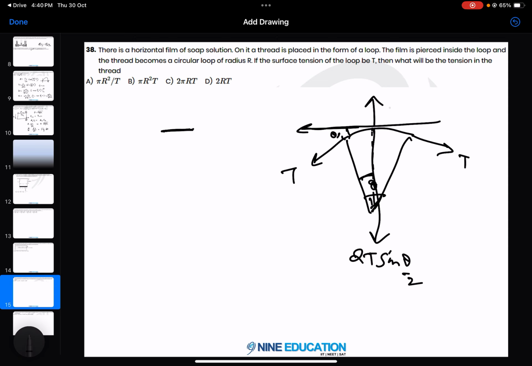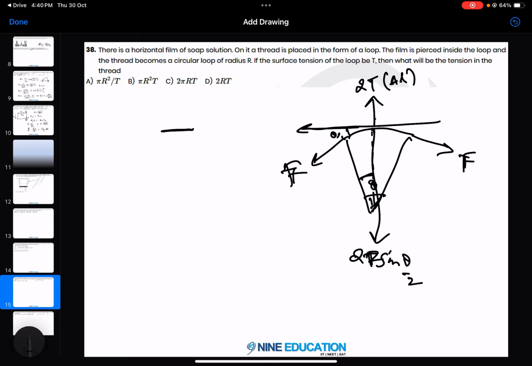And since two layers are there, the force on this is, let's say surface tension is T, and tension is F. So force will be given by 2 times surface tension into length, let's say length is delta L, which is nothing but r theta.